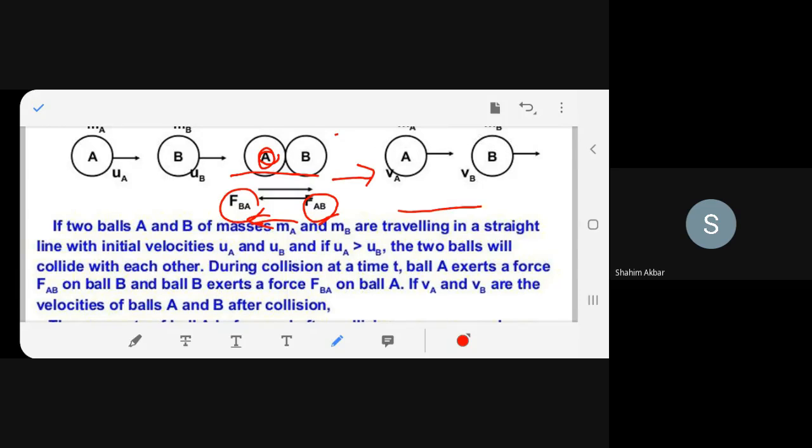So action is this one and reaction is backward. So which is action? Force A on B, FAB. What is reaction? B on A, FBA. Understood?